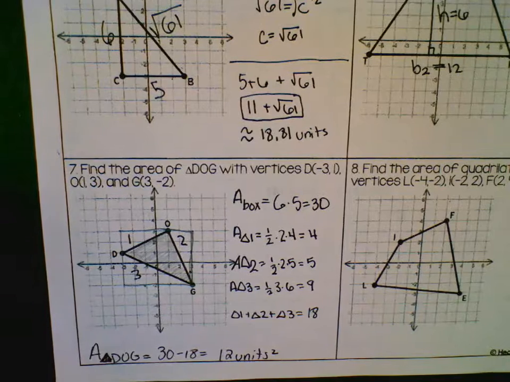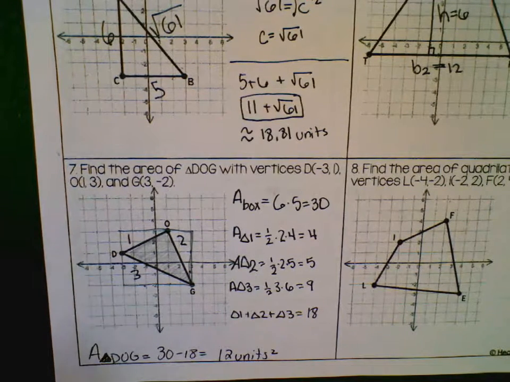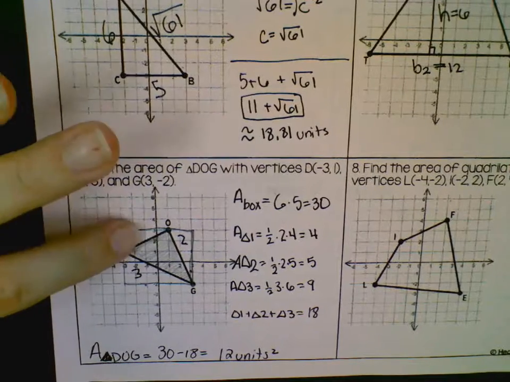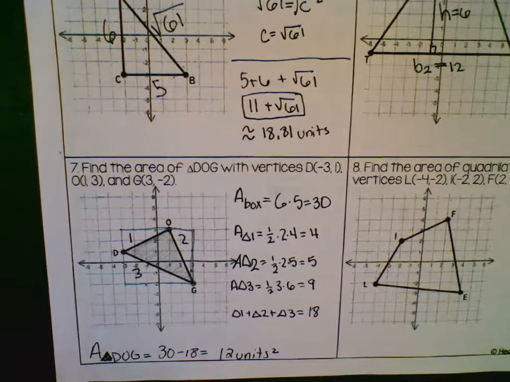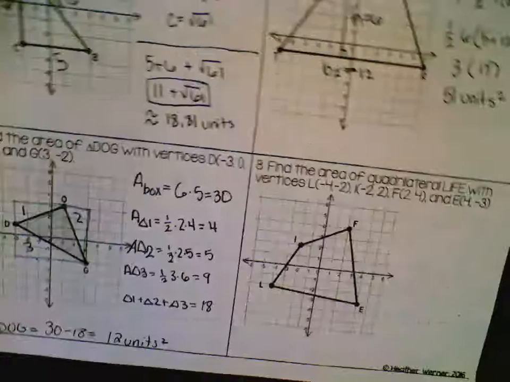Okay, so with this method, we enclose our figure, find the area of the whole box we use to enclose it, find the area of the pieces, and subtract from the box. And that's it. So I kind of like these, they're kind of fun.